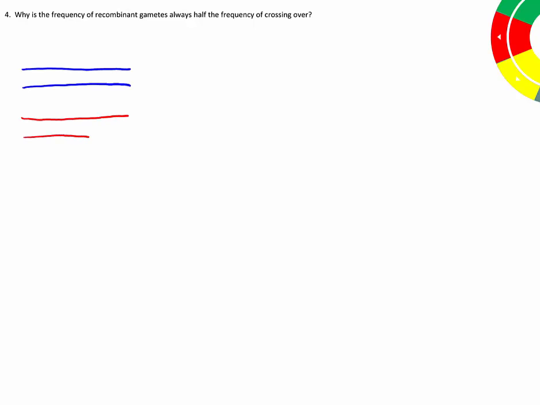So what is the frequency of recombinant gametes? Why is the frequency of recombinant gametes always half the frequency of crossing over? So this one's certainly not obvious. So let's take a look at a couple of chromosomes. And I'm going to start to draw these chromosomes sideways because it's easier to visualize crossing over, or at least I think it's easier.